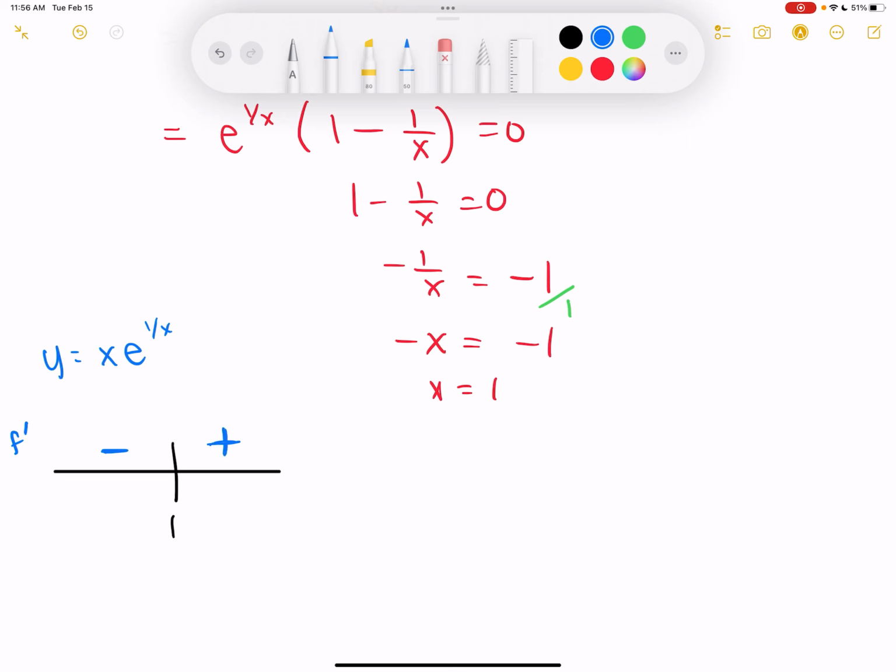So I'm going negative to positive. So what does that mean? I have a min or a max? So I have a min at x is equal to 1. If I plug in 1, f of 1 is equal to 1 times e to the 1, which is just e. So officially the min is at the point 1, e.